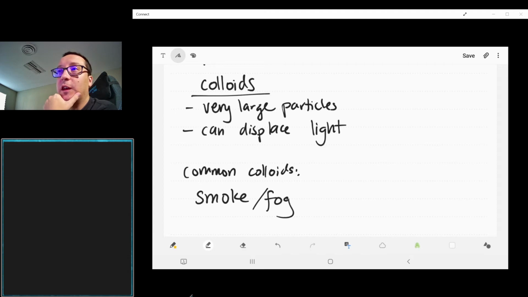Aha, I found the colloid video. And you know that if you try and drive through fog, you can see your headlights as you're going through it, because the particles in that fog are reflecting light in different directions. They're big enough to reflect light. That's the important distinction here. And so we're going to see that you can shine a laser through them as well.